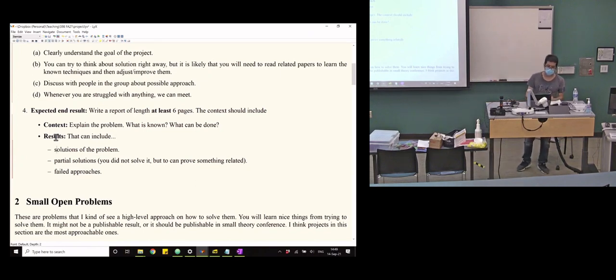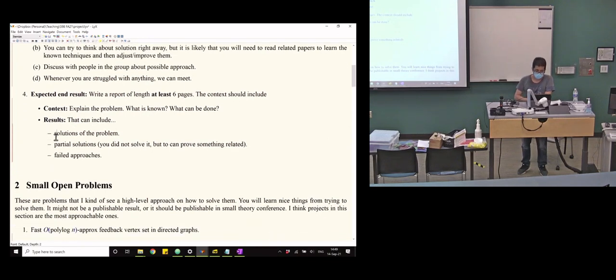It can be a partial solution, or you might not solve it at all. Just write down the attempt that you have tried. That's good enough too. The goal is really just that you have some experience in looking at problems in this area, and have fun thinking about it. No pressure.